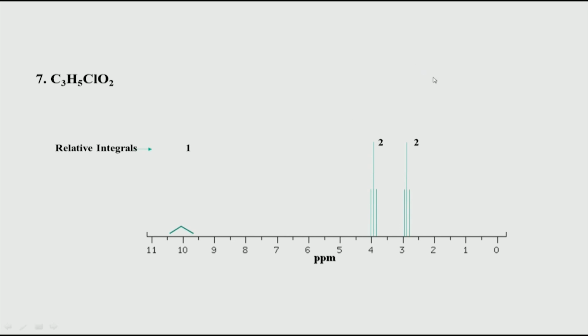So, we probably have an acid group. Let us build the probable structure. This has an acid group and a CH2, and there are 2 CH2s, both with 2 hydrogens, but one is attached to oxygen and therefore comes downfield shifted, and one probably is attached to Cl and comes here.